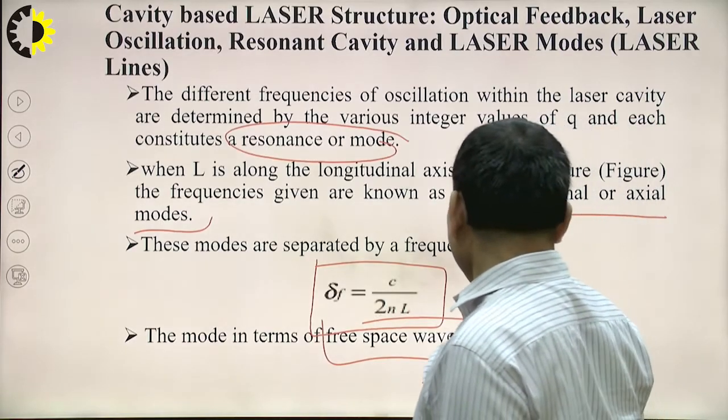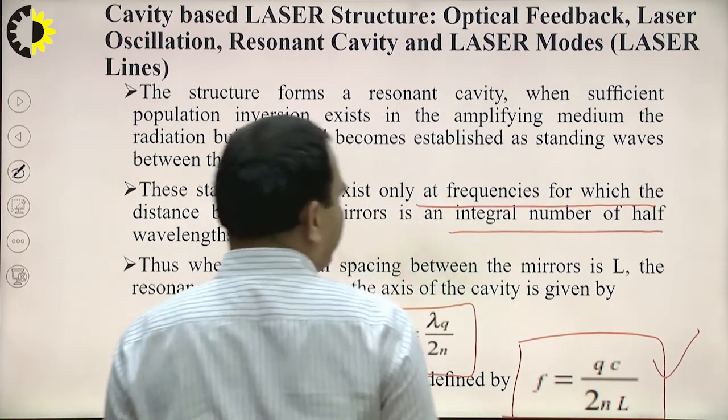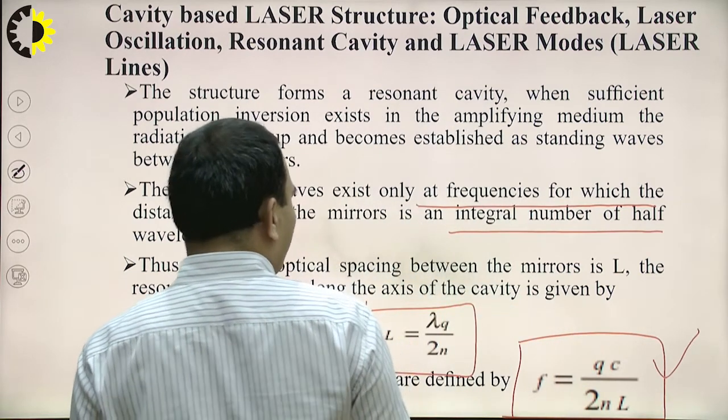Here we can see the formula for Q, that is f equals QC by 2nL.